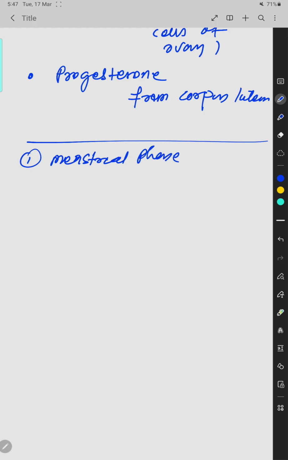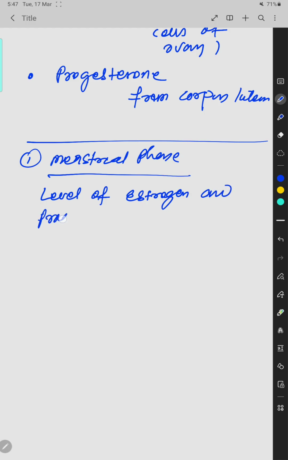In the menstrual phase, the levels of estrogen and progesterone are low. This is during the menstrual phase, because the follicles are developing, so estrogens are not secreted in a significant amount.